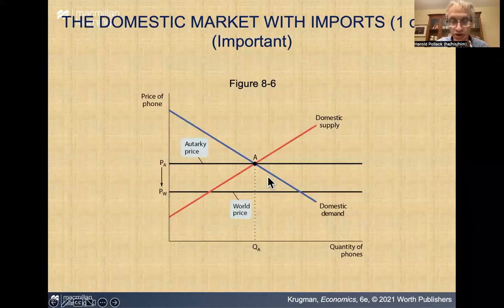Now, how about losers? Who's losing out here? Well, in the original situation, domestic producers were getting this big triangle. What are they getting now?